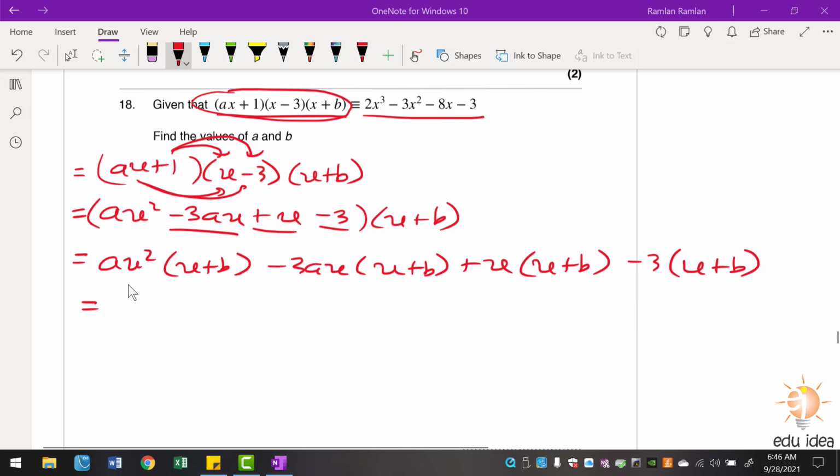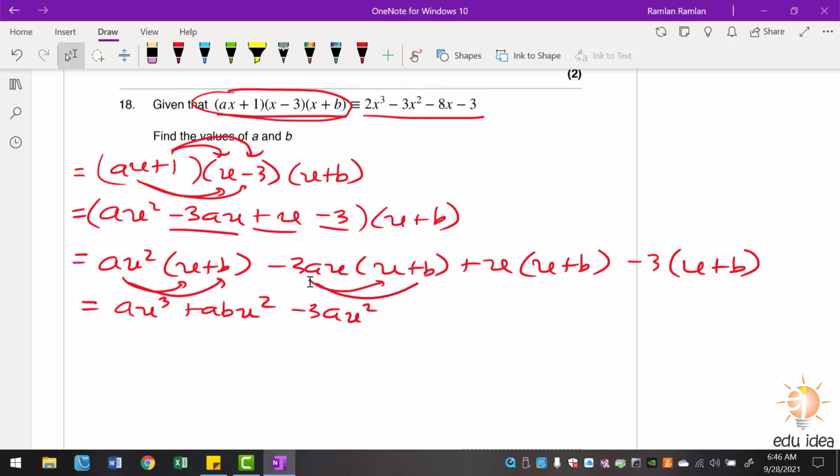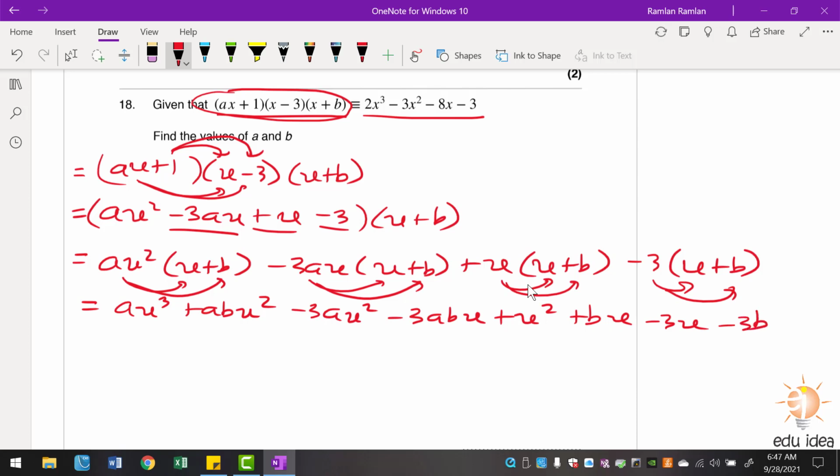So we have ax squared times x becomes ax cubed, and this guy will be plus abx squared. And then minus 3ax times x becomes minus 3ax squared. And we have this one, minus 3abx. And then this guy becomes plus x squared. And then this guy becomes plus bx. And then this guy becomes minus 3x. And then this guy becomes minus 3b.